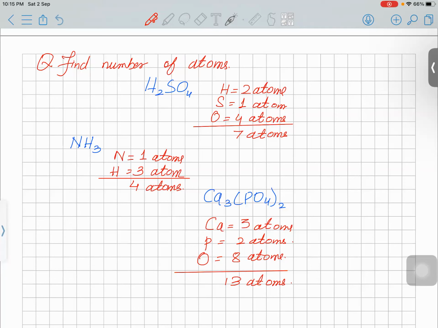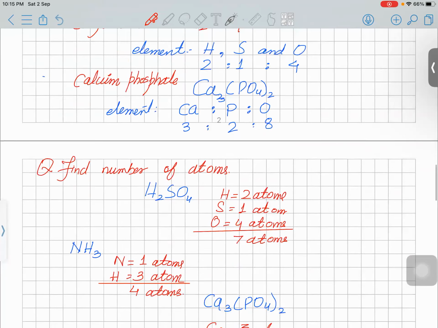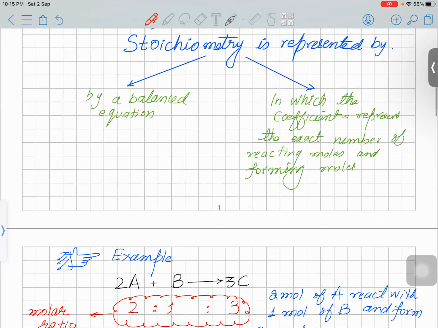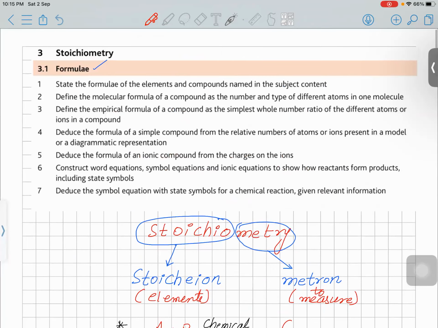So formula gives: state the formula of the elements and compounds named in the subject content. Define the molecular formula of a compound.